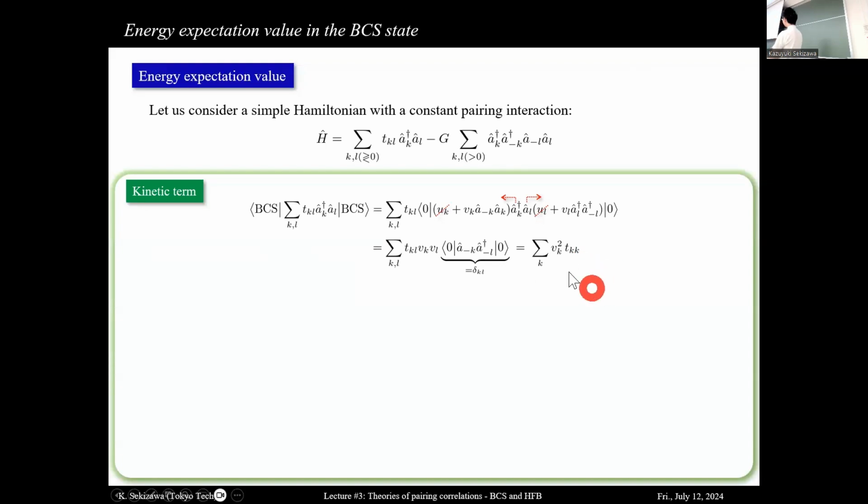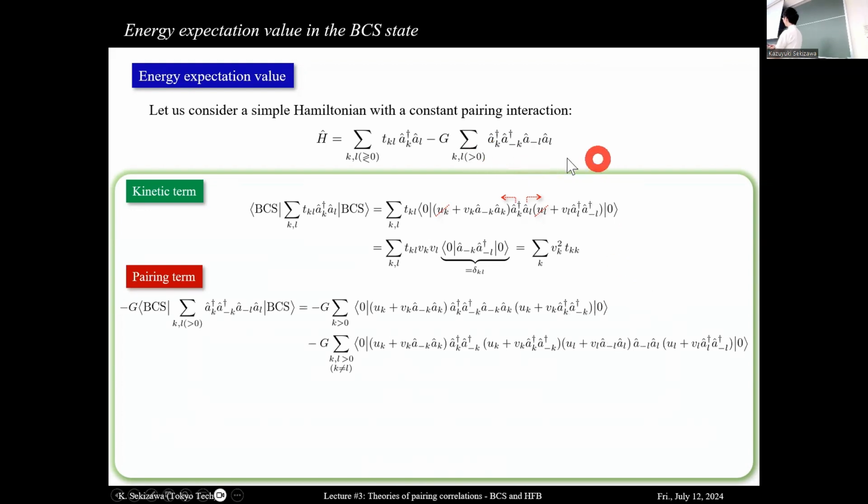So this is again similar to the one-body particle operator: vk square times the matrix element t_kk. The pairing term contains 4 operators, so you can do it in a similar way, but it is a bit more complex. What you do is eliminate these u terms again, and there are two cases.